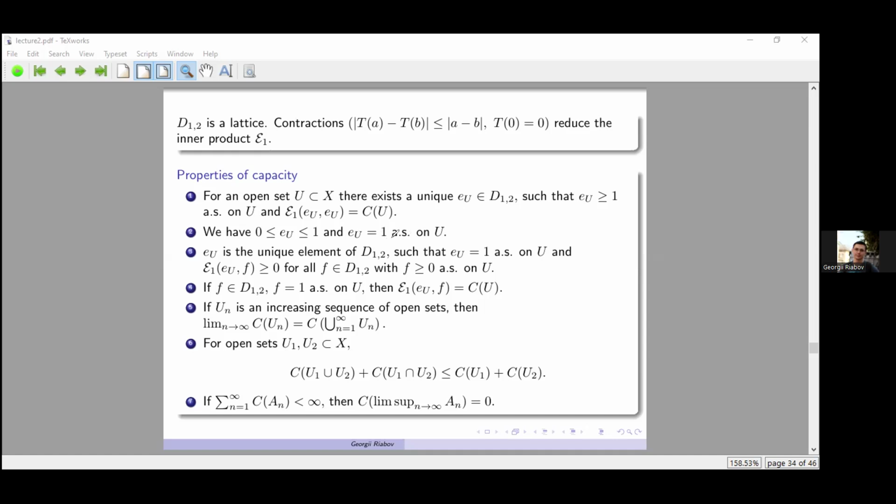Actually, it is equal to 1 almost surely on U. And we will also need property 4, that states that the E1 inner product of this potential EU with any function that is equal to 1 on set U is equal to the capacity of U.